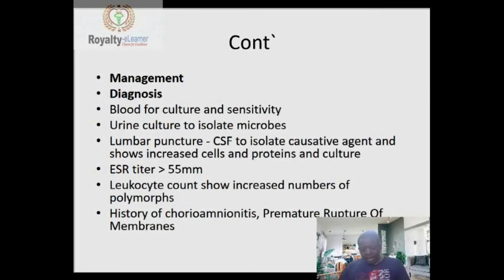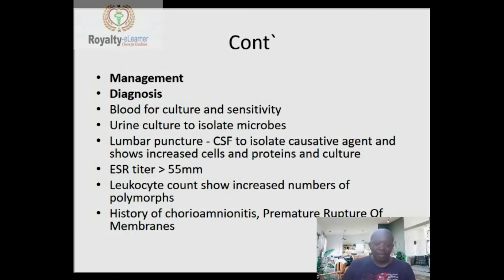Okay, let us now appreciate the management of neonatal sepsis. Let's look at the diagnosis first. Blood for culture and sensitivity can be done to identify the causative organism. Urine for culture to isolate the microbe. Lumbar puncture, where cerebrospinal fluid is aspirated. This is to isolate the causative agent, and it will show increased cells and proteins in culture because of the bacterial infection.